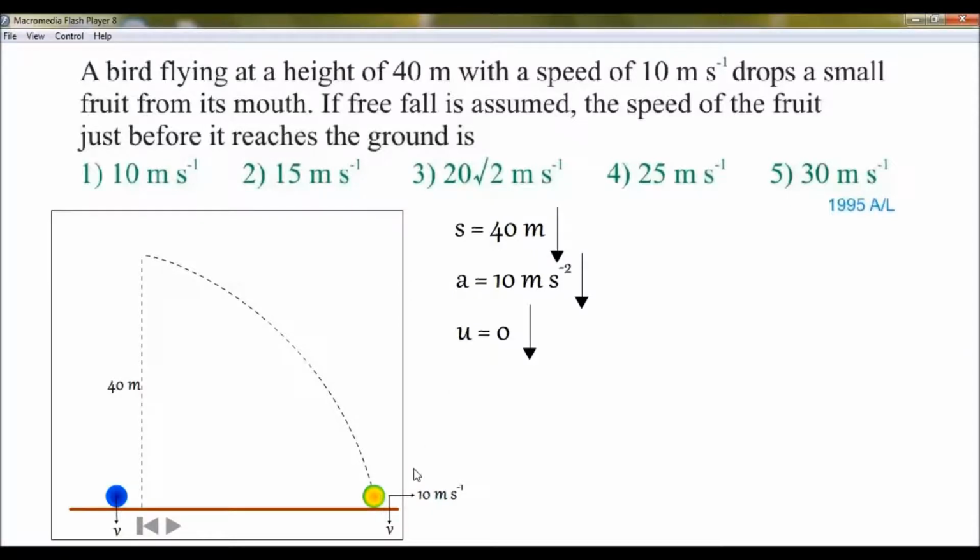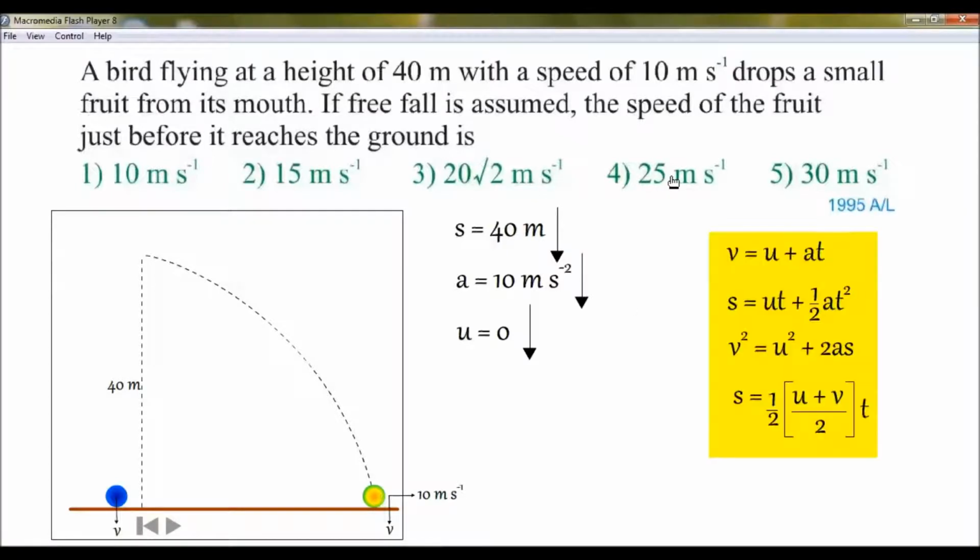So we have to select a suitable motion equation from the list of motion equations we are given. Since we have to find v, we can consider this one, but we don't know the time, so this equation cannot be used because it doesn't help us find v. But when we come to this equation, it has u, acceleration, and displacement.